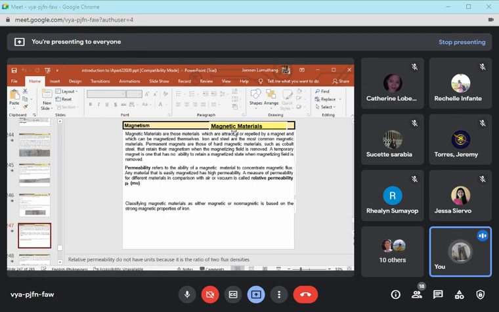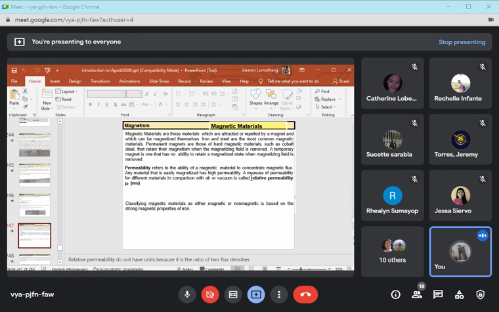So it was mentioned here the magnetic materials. We have the permanent magnets and then we have the temporary magnets. And then we have the so-called permeability. When we say permeability, this refers to the ability of a magnetic material to concentrate magnetic flux.